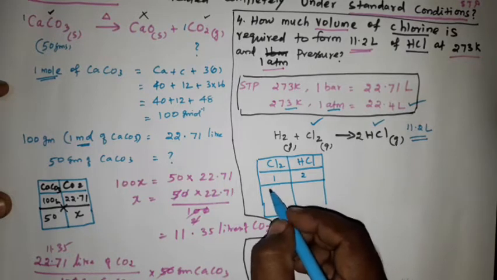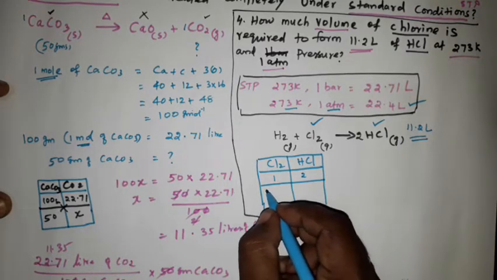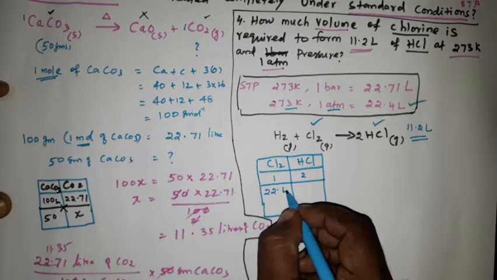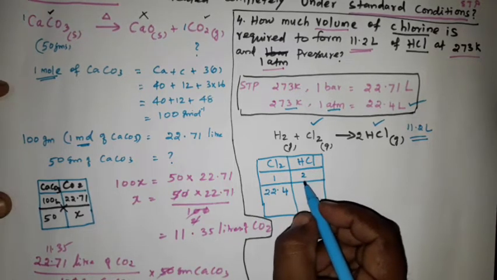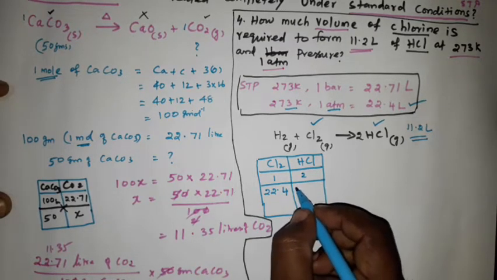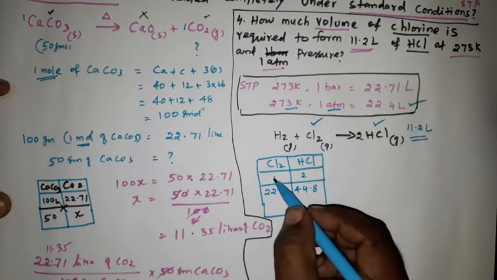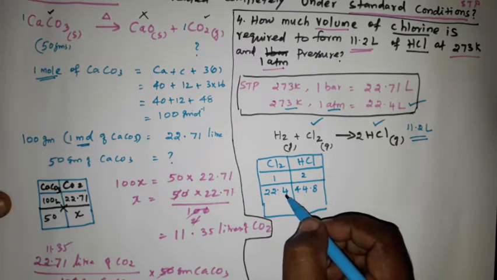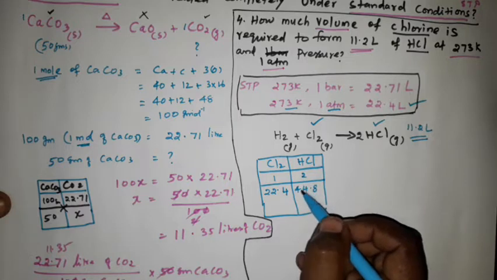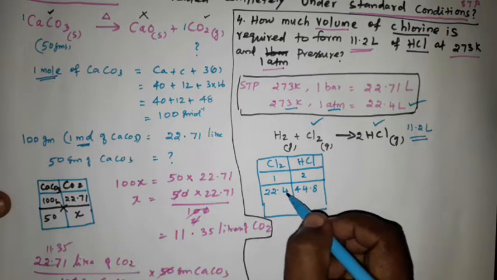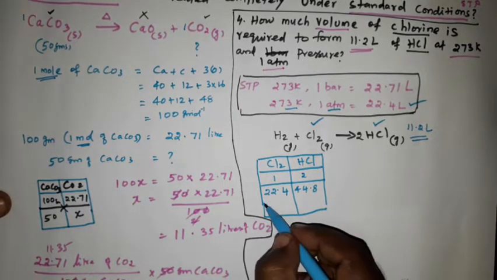Then 1 mole will produce how much? 22.4 liter. Here 2 moles will produce how much? 2 into 22.4, so 44.8.